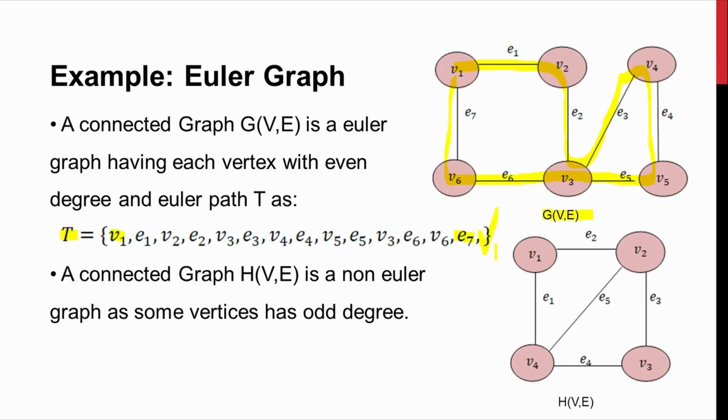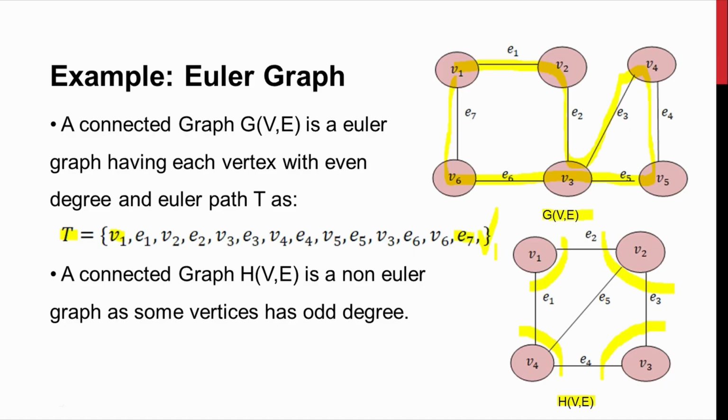In this example, we have the graph H with V vertices and E edges. Here we have 4 vertices and 5 edges. In this graph, vertex V1 has degree 2, vertex V2 degree 3, vertex V4 degree 3, and vertex V3 has degree 2. So according to the definition, this graph does not follow the rule for the Euler circuit.